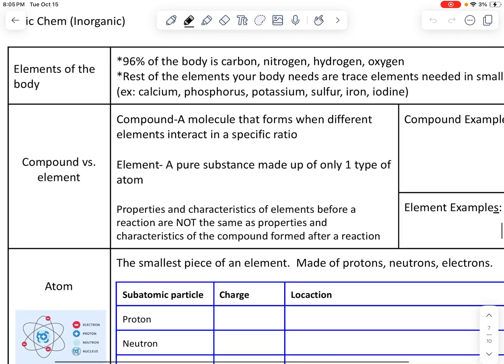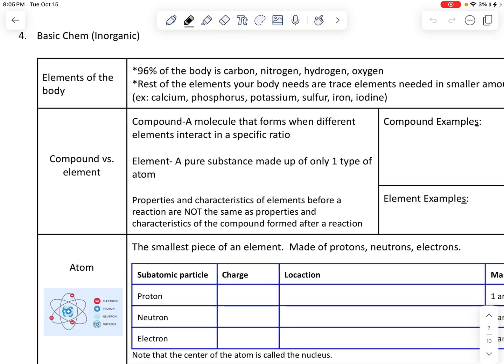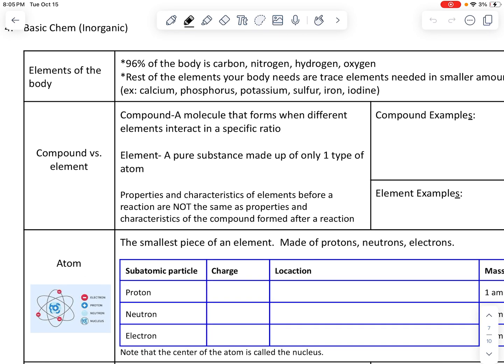I always told my students that elements are like the team you play for. So like the Chicago Bears or the Chicago Blackhawks, and the atoms are the players that play for that team. Now, we'll get into that more down below.